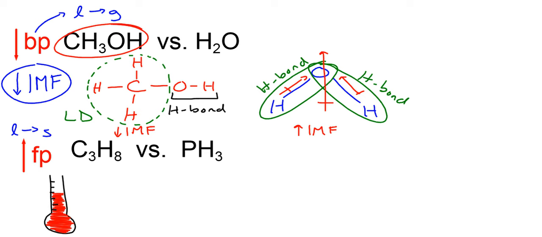Freezing point means I'm going from a liquid to a solid, meaning that the amount of energy I take out, eventually the attractive forces will allow them to stick together, and those attractive forces will actually overcome, or be stronger than, the kinetic energy that the molecule actually has.